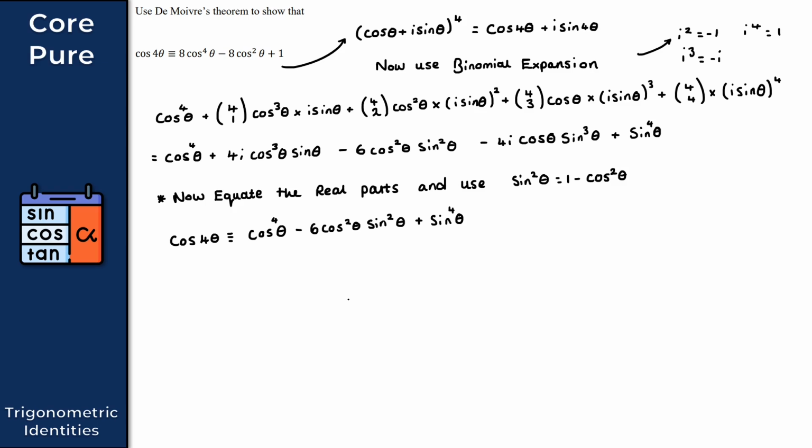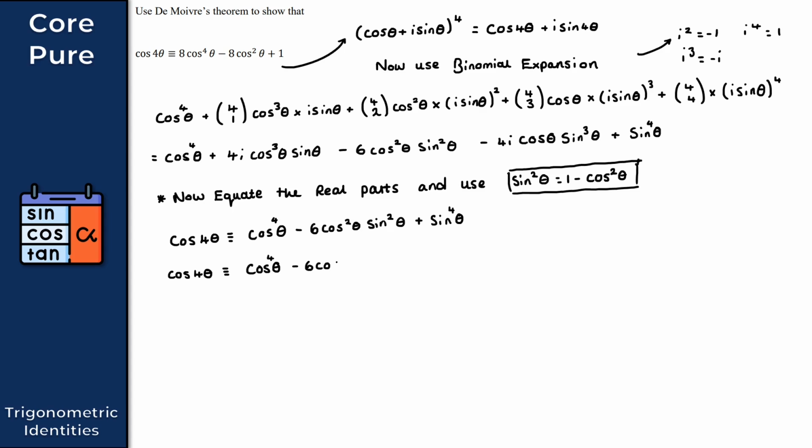And now all we need to do to finish is use this trigonometric identity. Wherever you see a sine squared theta, just replace that with 1 minus cos squared theta. So cos 4 theta is identical to, we can't do anything with the cos theta to the 4 here. So cos theta to the 4. We now have -6 cos squared theta times sine squared theta. So just replace sine squared theta with 1 minus cos squared theta.